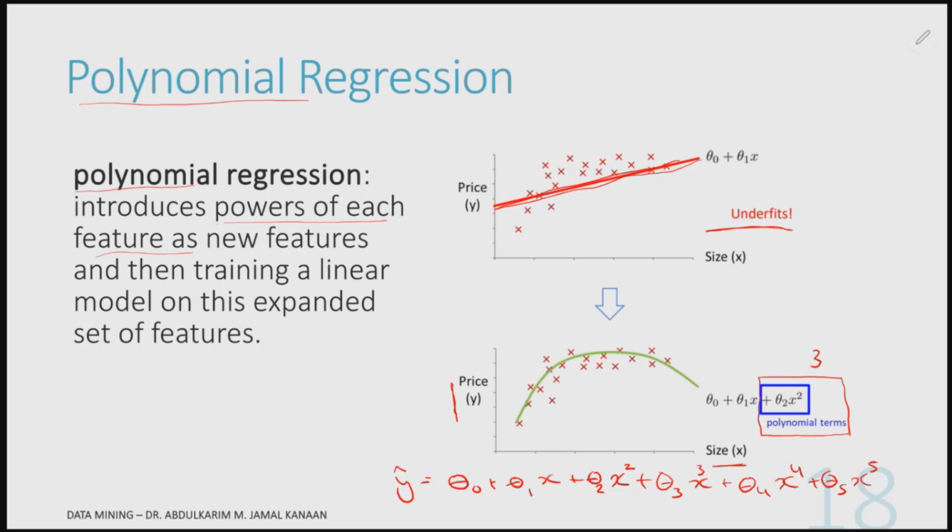But keep in mind, every time you add more power, you give more power to your model. If x to the power of 2 is enough to find the best fitted line, and you keep introducing powers like 3, 4, 5, what happens? The model starts to overfit. Why? Because your model becomes more powerful and is able to start crossing these lines.